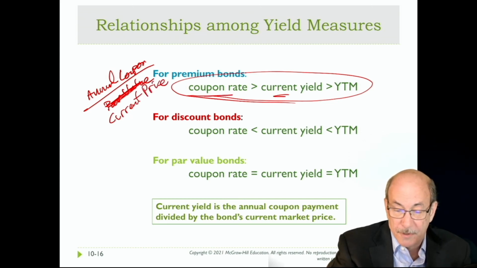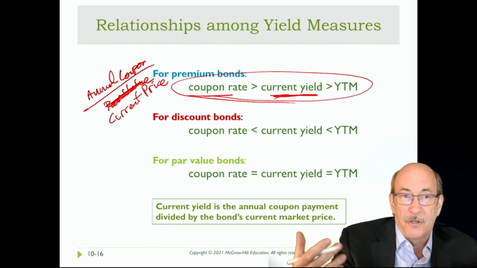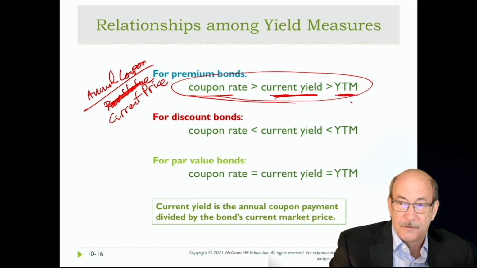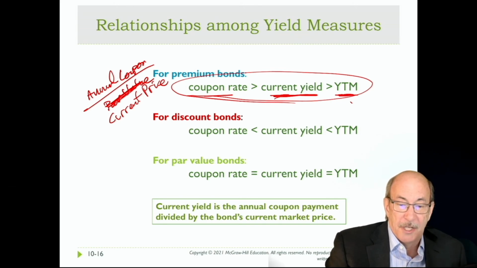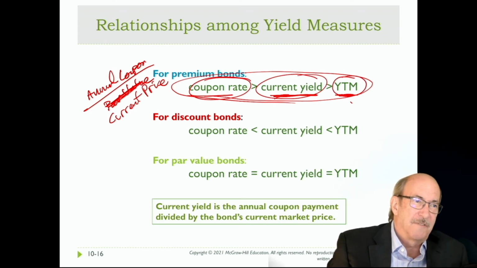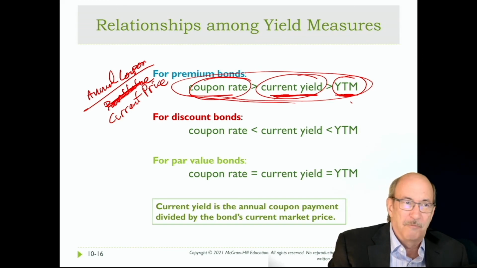Both of those items ignore the repayment of the face value at the time of maturity, whereas yield to maturity takes that into account. So for a premium bond, the coupon rate will be greater than the current yield, which will be greater than the yield to maturity. That relation is fairly important to commit to memory if you can't think it through theoretically. Eventually you won't even have to commit it to memory; you will be able to think about this.